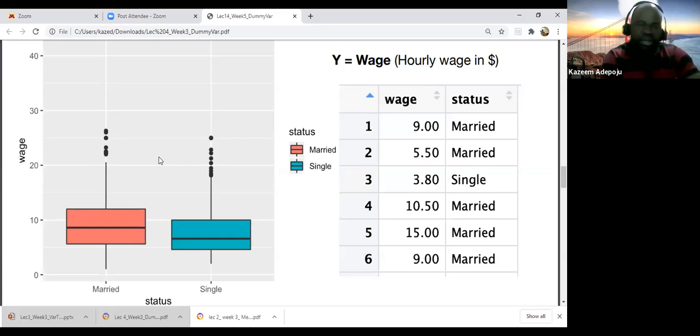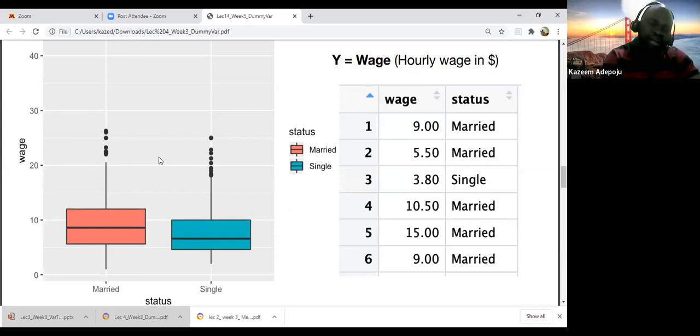That is why it is what we need to do first. We call it preliminary investigation before we go into inferential statistics.